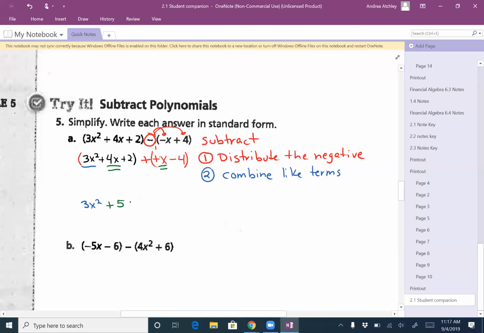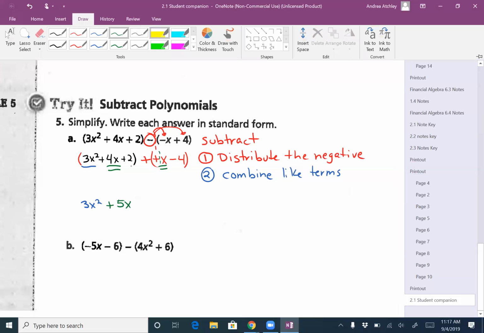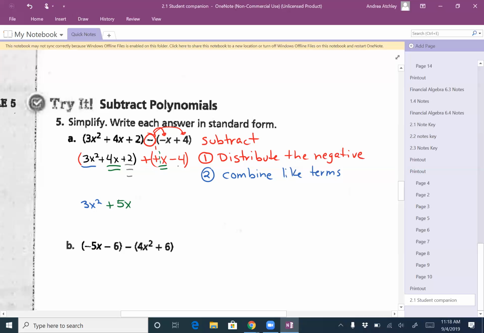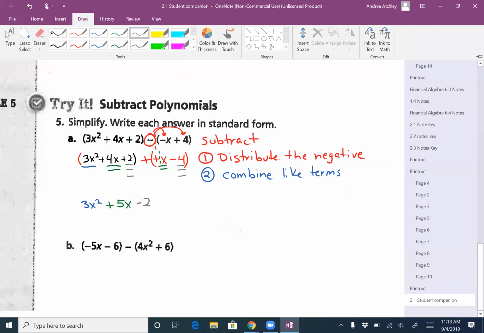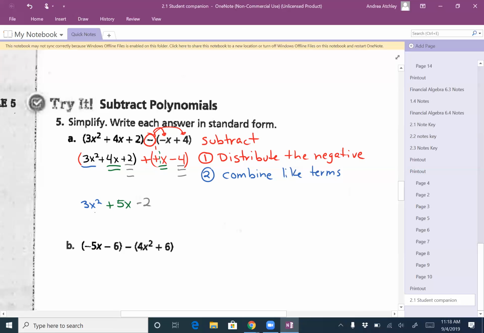Again, there's like that 1 in front of that x. Finally, the 2 and the -4, they are opposite signs, so I'm going to subtract and get -2. So that is my answer: 3x squared plus 5x minus 2.